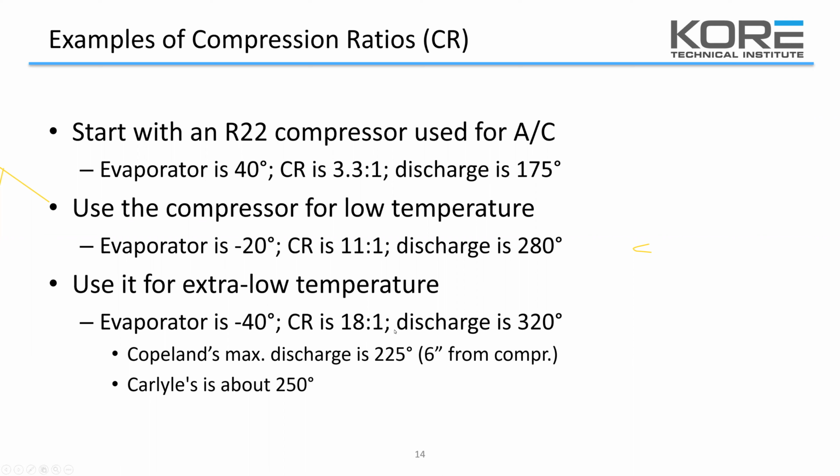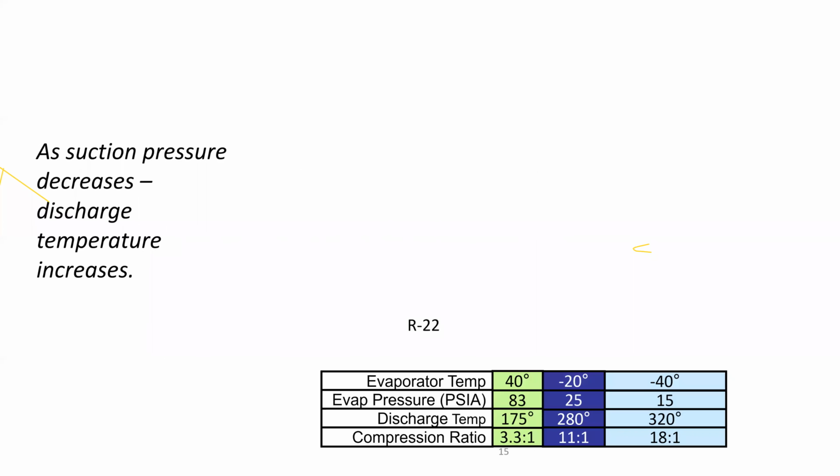So trying to run that compressor at minus 40 with a 175 discharge is way above its operating envelope. Carlyle is around 250. You can go a little hotter on Carlyle than you can on Copeland. Hopefully that kind of makes sense for everybody.